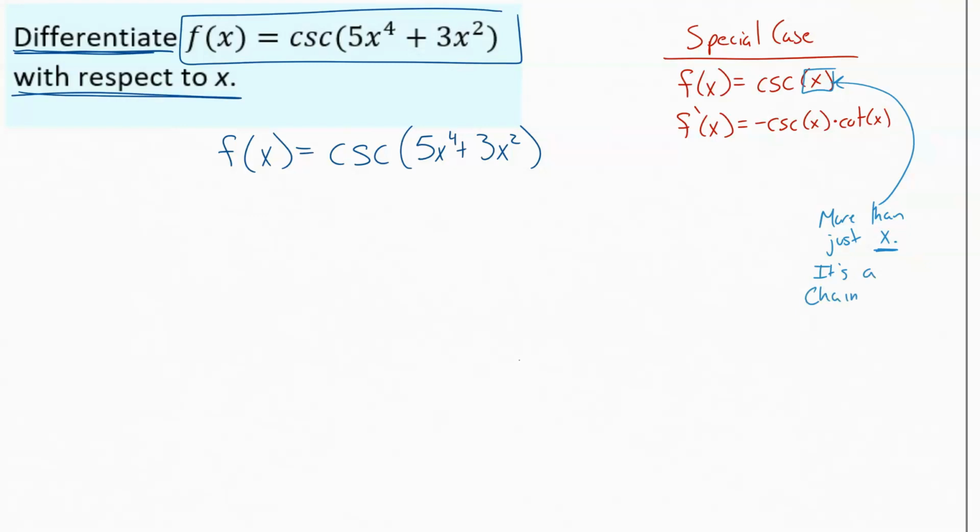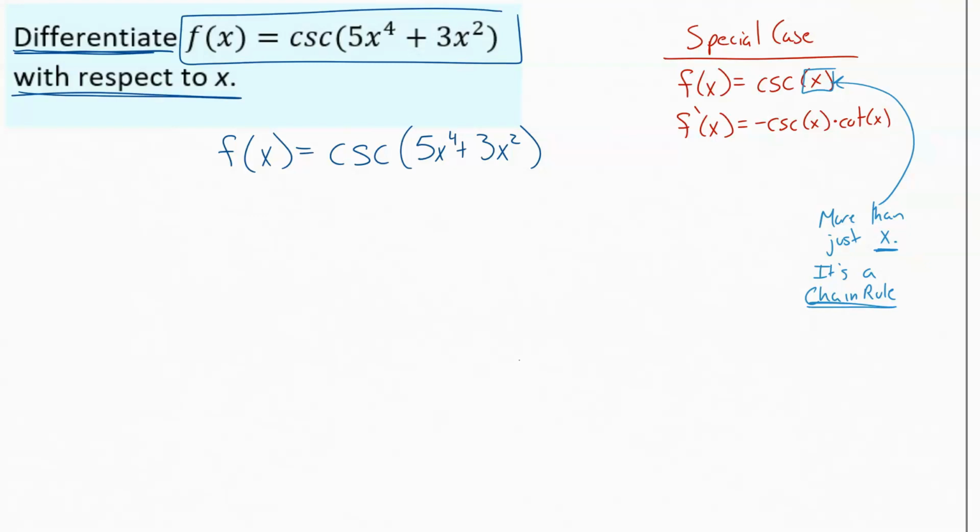So a lot of the special cases that you run into are almost always going to end up in a chain rule problem because very often you're going to be given something more than just an x.